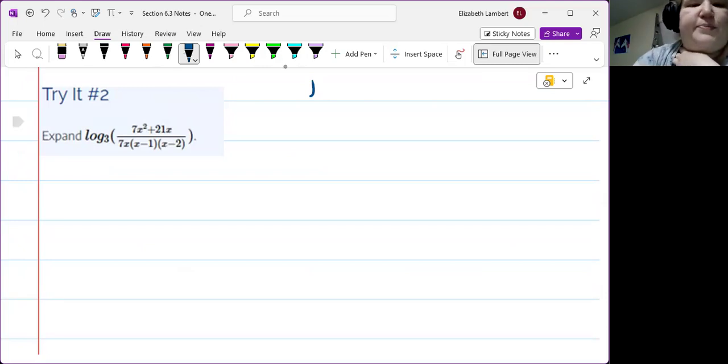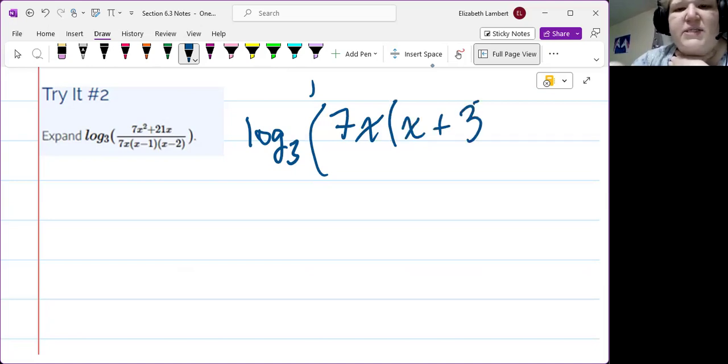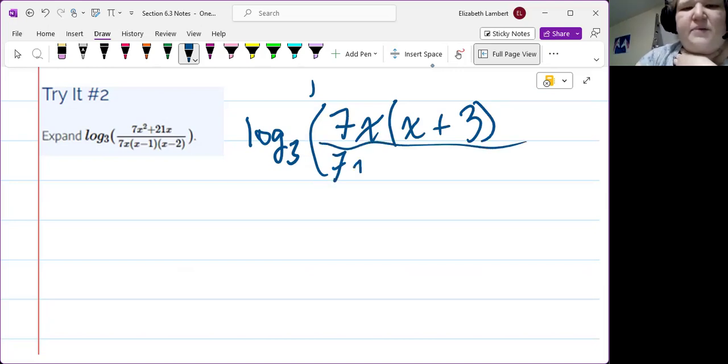So on top, all I'm doing is rewriting the top. So 7x squared plus 21x has 7x in common. And that will leave me with x plus 3. And then my bottom has the 7x. And x minus 1.